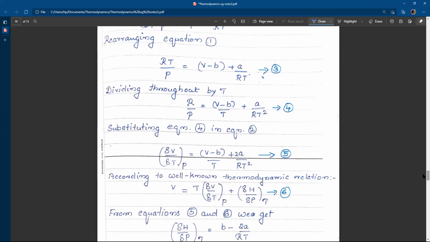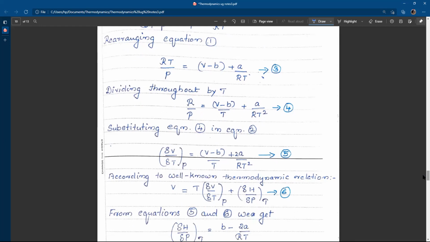According to a well-known thermodynamic relation, which you take as such, V = T(∂V/∂T) at constant pressure + (∂H/∂P) at constant temperature. Take this as equation 6.